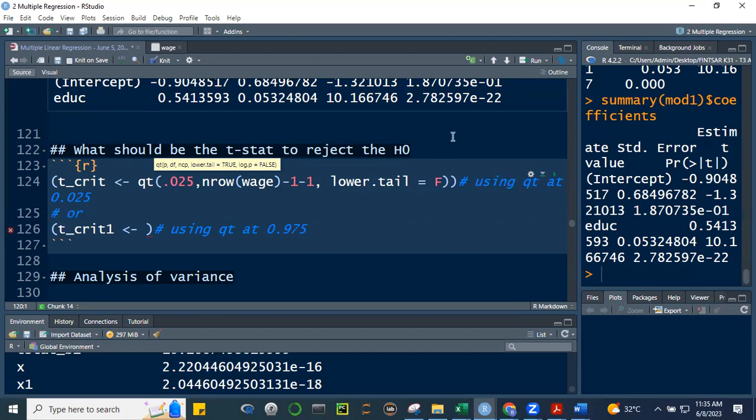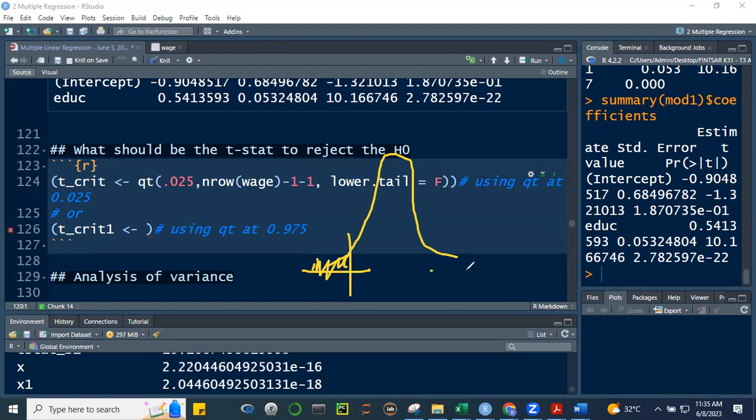Because, if you recall, this is our t-distribution, so we're just using the lower tail. And remember, this is two-tailed. If we're using an alpha of 0.05, on the left-hand side you have 0.025, and on the right-hand side this is also 0.025.